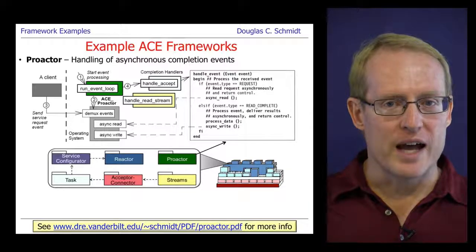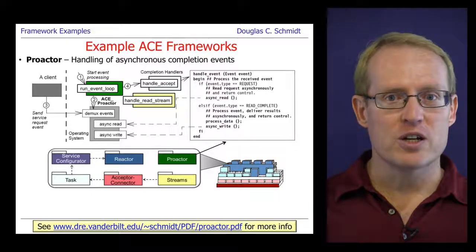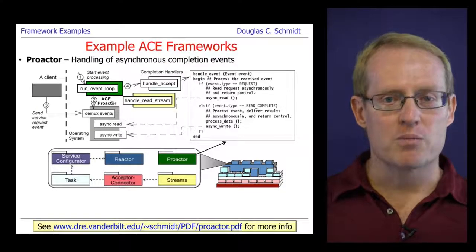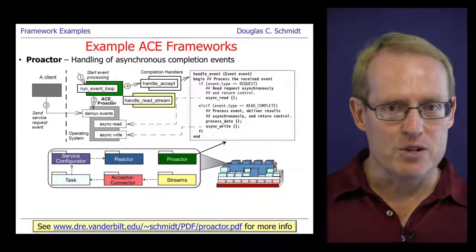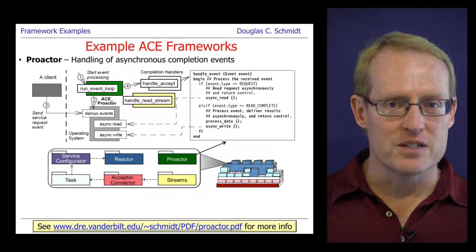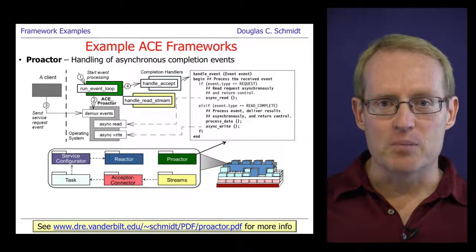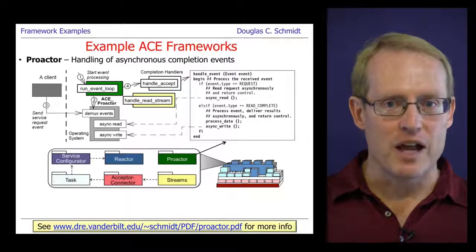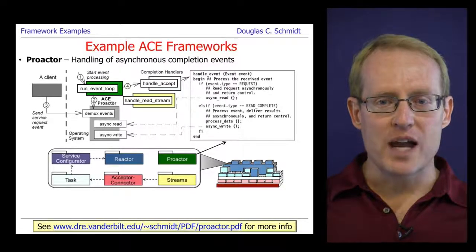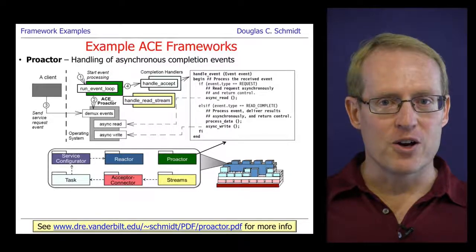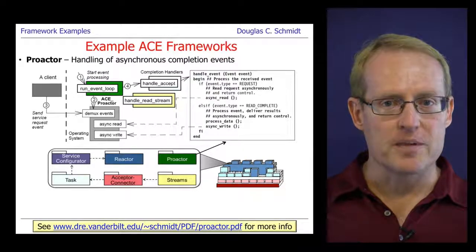Well, it also turns out that in addition to initiation events provided by many operating systems, some operating systems also provide support for so-called asynchronous processing and completion events. For example, Windows supports something called I/O completion ports and overlapped I/O, which can be used to initiate operations and then learn later about the success or failure of those operations when they complete.